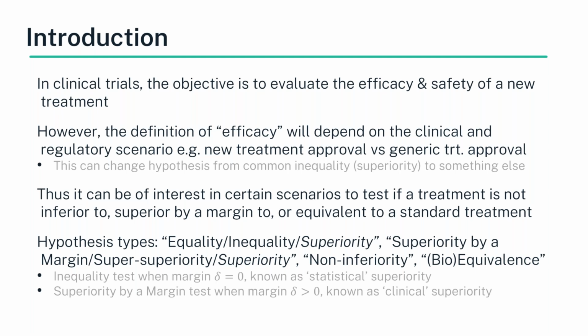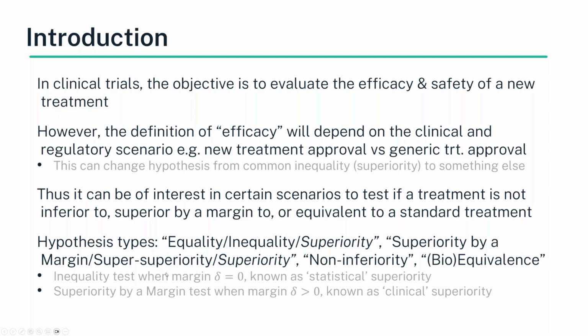And so another thing to clear up here is just some of the terminology. In the literature, you may see inequality testing referred to as equality testing or superiority testing. And you can see there that could be a potential point of confusion, because superiority by a margin testing is also called super superiority or superiority testing in some places. When you're testing for inequality, this is when the margin delta is equal to 0, and that's what's known as statistical superiority.